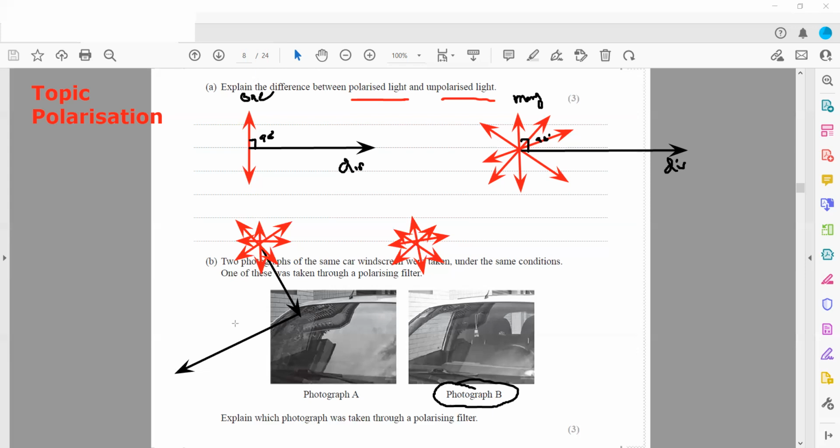Partially polarized means it will have other components as well, but a small proportion. So that is partially polarized. That's why we are able to see the reflection here.